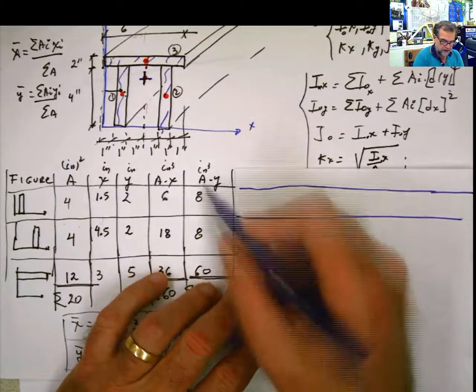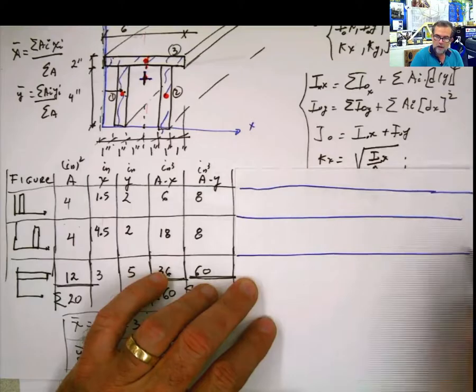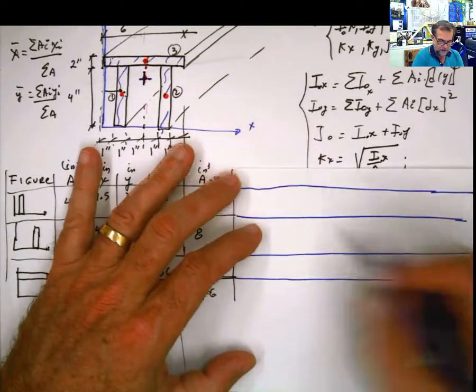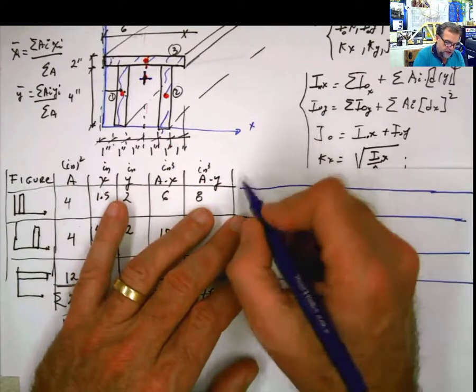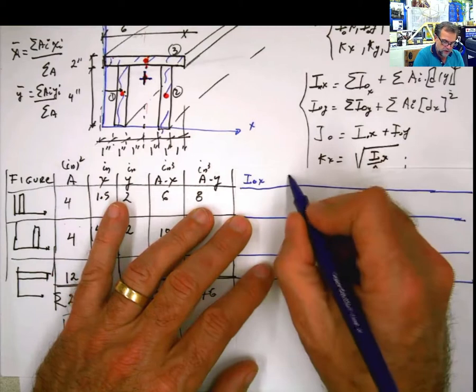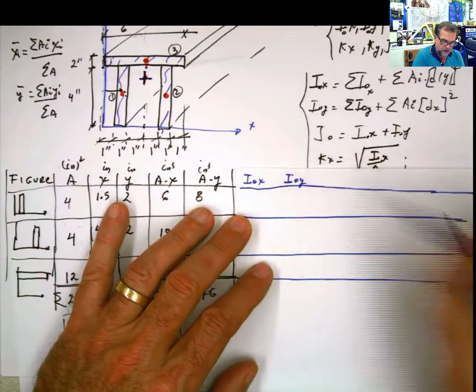This is centroid. Now what I'm doing here is only for moment of inertia. What is the first thing that I need? I sub 0 x. Oh, but I also need I sub 0 y. So I'm going to put here I sub 0 y as well.